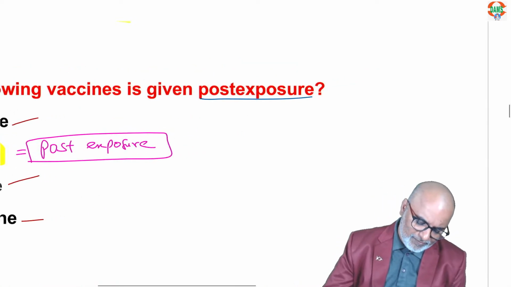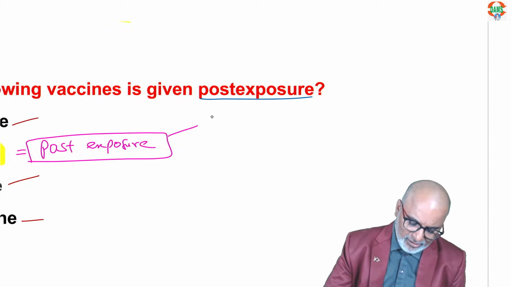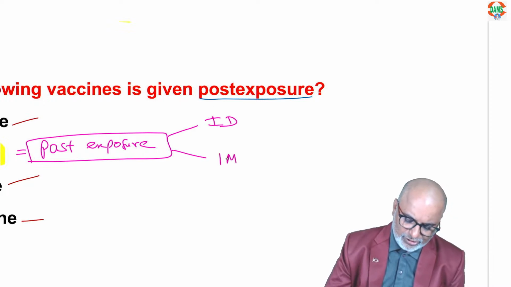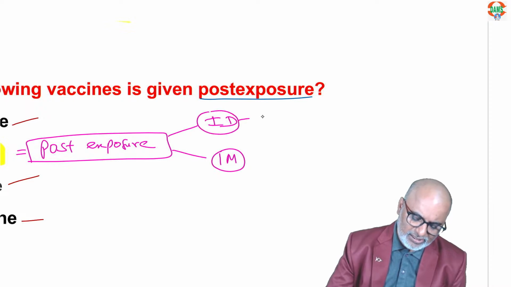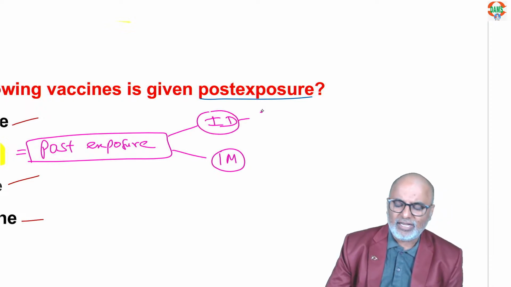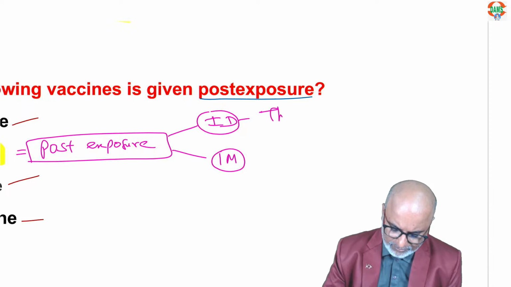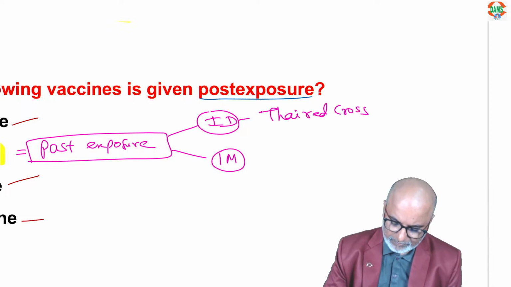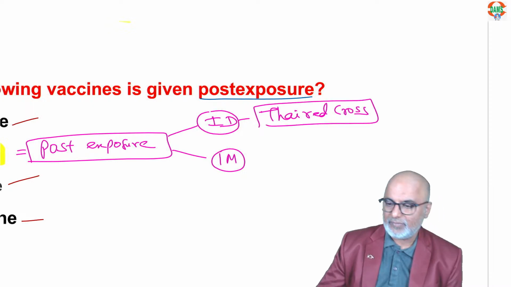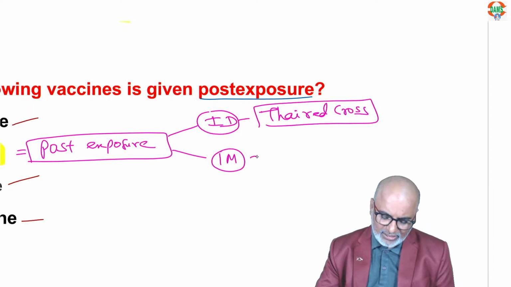We have two types of regimen for rabies vaccine. One is the intradermal regimen and one is the intramuscular regimen. Intradermal is called the Thai Red Cross regimen. Intramuscular is the Essen regimen.